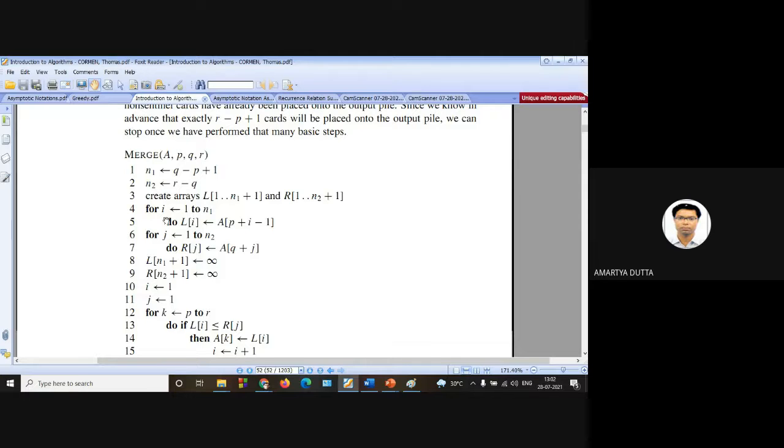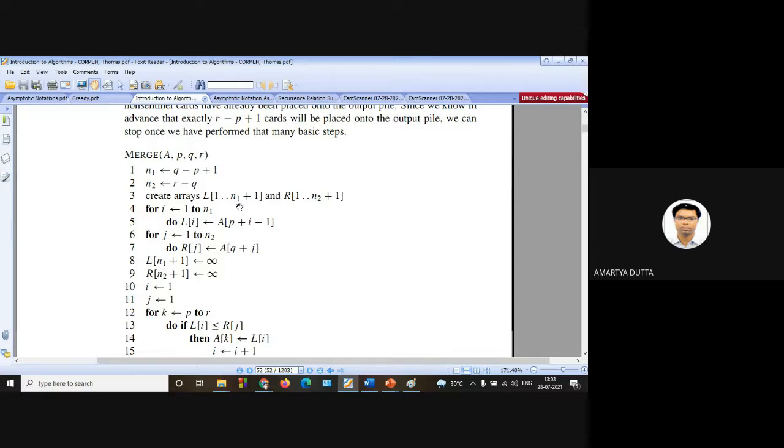So for i equal to 1 to N1, we have to copy the left portion of your given array to the left array, L[i]. We have to copy the right portion of the given array to R[j], that is the right array.